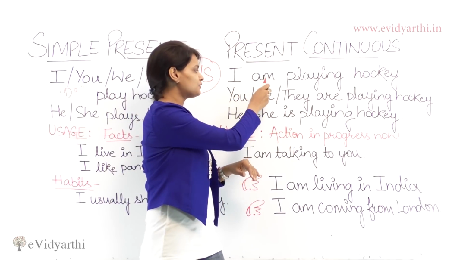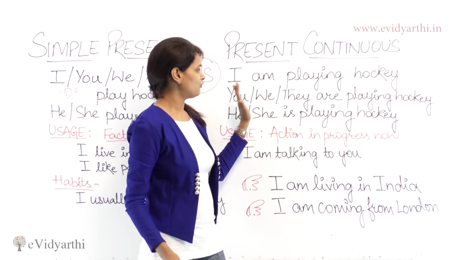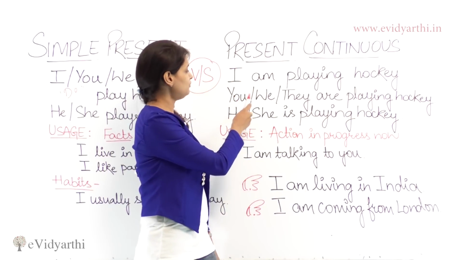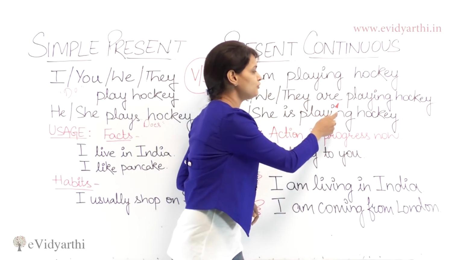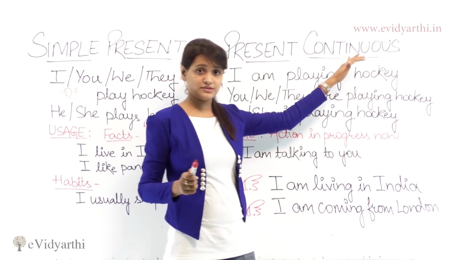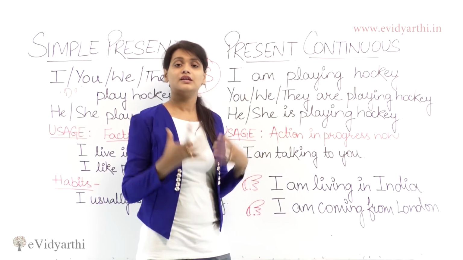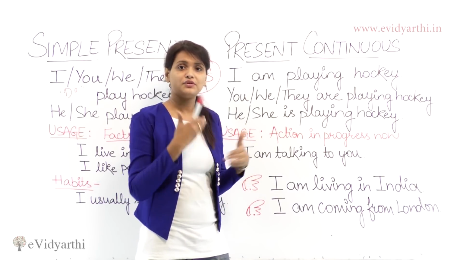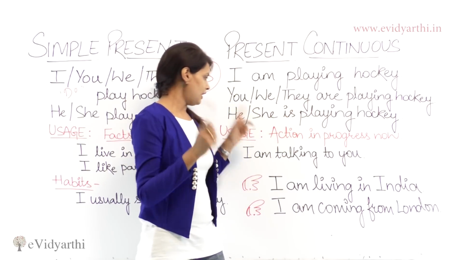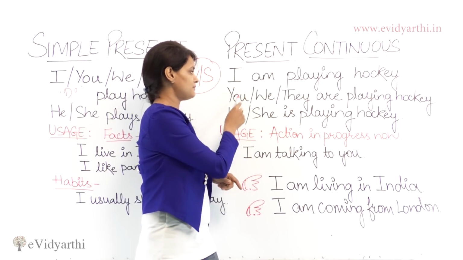With I, we use am. You, we, they are playing hockey. With you, we and they, we use are. These are the helping or auxiliary verbs of the present continuous tense, which are also known as to be verbs, because that is in progress. So to be verbs are am, are or is. Now, when it comes to the singular subject, forget about I and you.